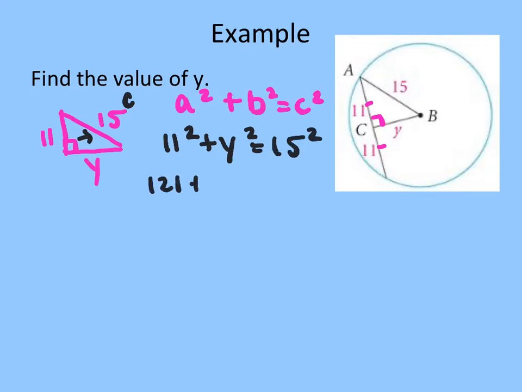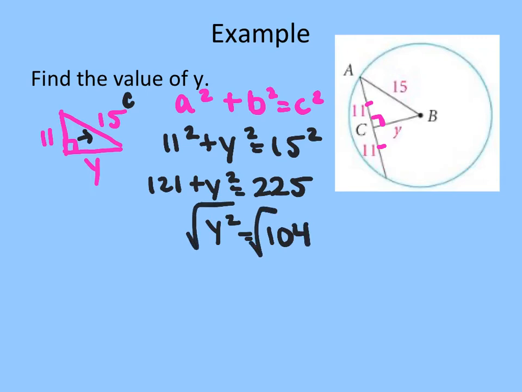So it gives us 121 plus y squared, and 15 squared gives us a value of 225. If I solve for y squared, it gives me y squared equals 104, and then you take the square root of both sides, which gives us a value that y equals 10.2 as your final answer.